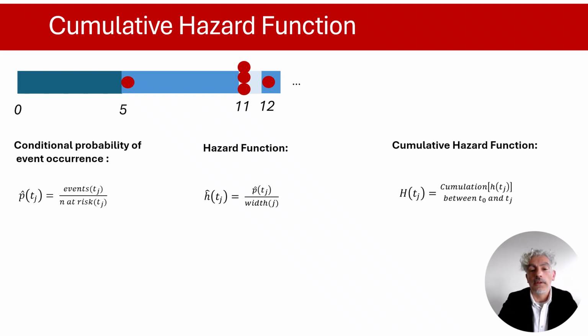But since it cumulates the estimated risk of event occurrence, it does not provide information about unique risk at a specific time or a specific interval, as the hazard function does. So it's a useful function, but it doesn't represent a unique hazard within a time interval.